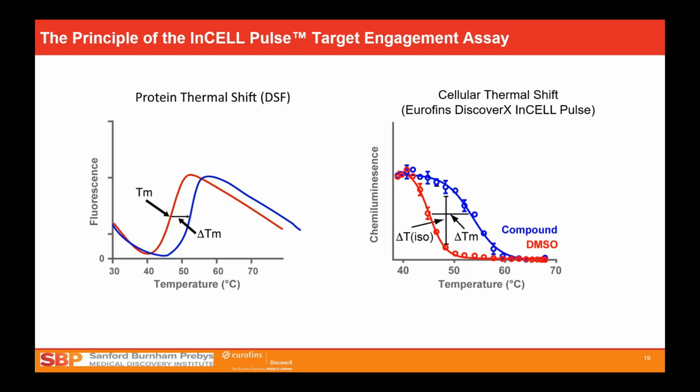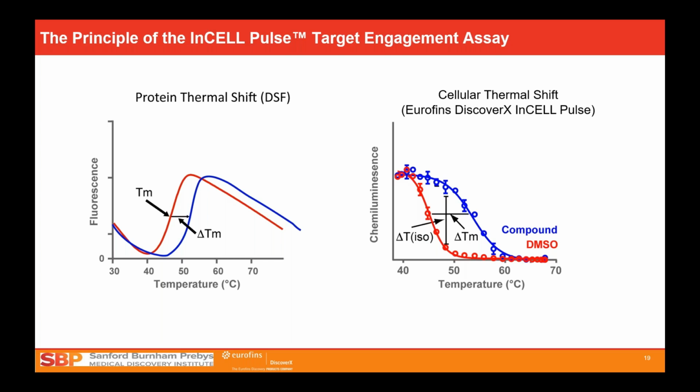On the right, what we have here is data using an InCELL Pulse method using cellular target engagement. The red curve is generated, I should point out, we would call this a thermal profile. Each one of those data points is generated, we'll do multiplets, from one single experiment with cells in a well.